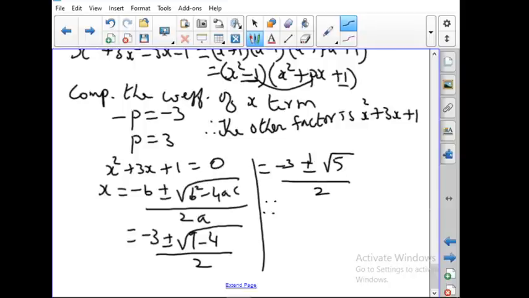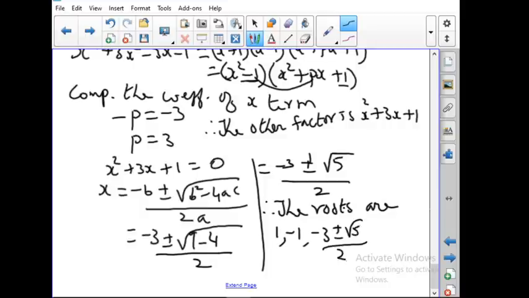Therefore, the roots are plus 1, minus 1 and minus 3 plus or minus root 5 by 2.